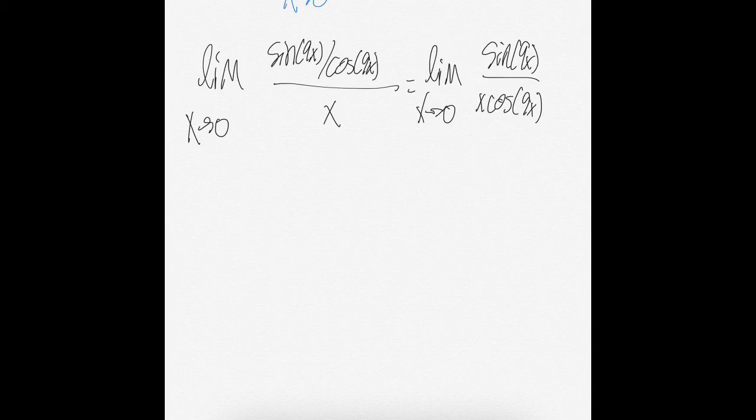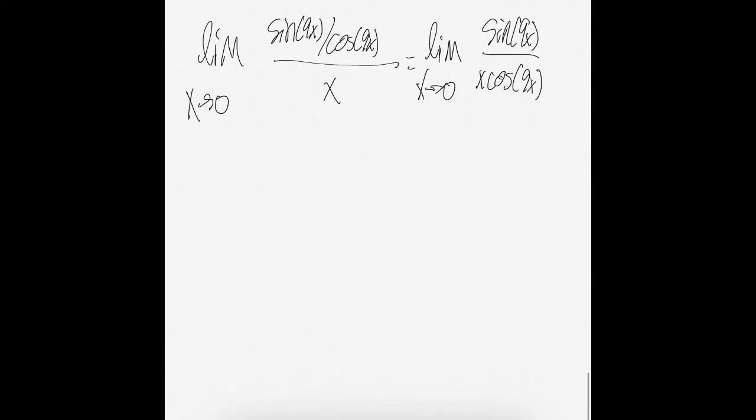Now again, I have sine of something, and I would love if I could have that same something in the denominator. I don't quite have it here, but I do have an x. So rather than needing to multiply by 9x over 9x, what I can do is just multiply by 9 over 9.